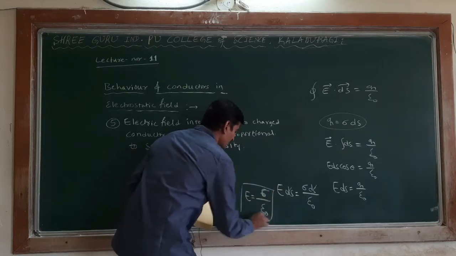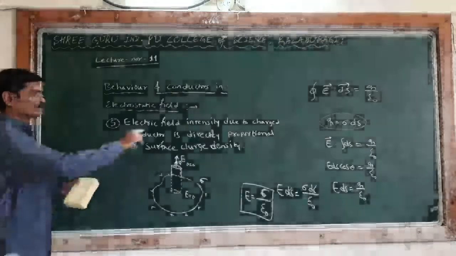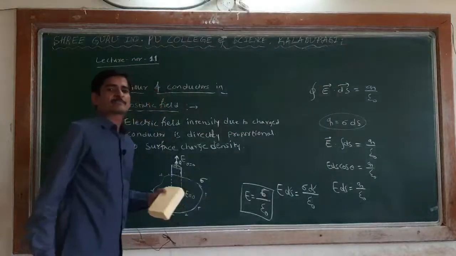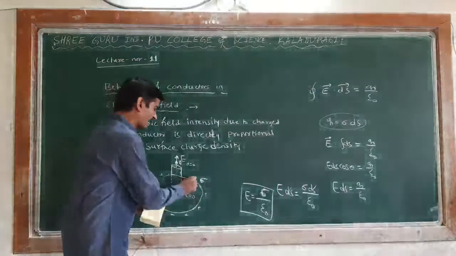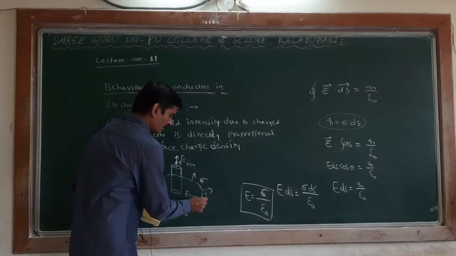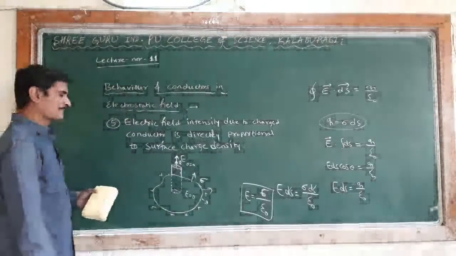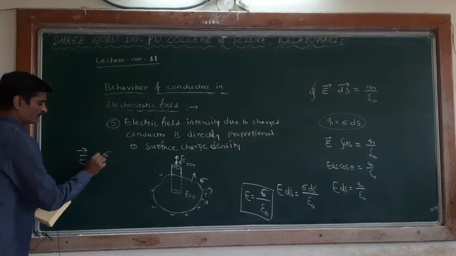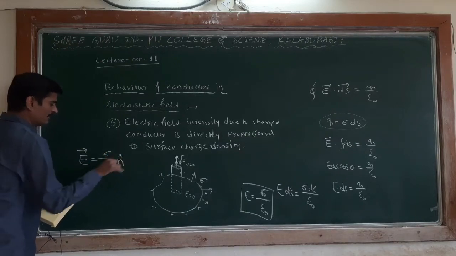So this is the electric field intensity due to the charged conductor. Since electric field intensity is perpendicular at every point on the surface of the conductor, the formula can be written as vector E equals sigma divided by epsilon naught into n cap.